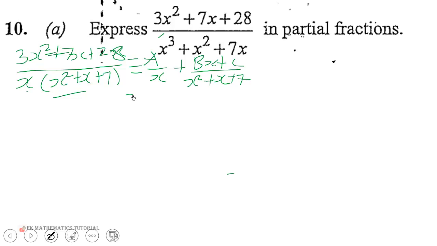So we can find the LCM to obtain x into x squared plus x plus 7. Then x comes here. We have x squared, so a into x squared plus x plus 7.